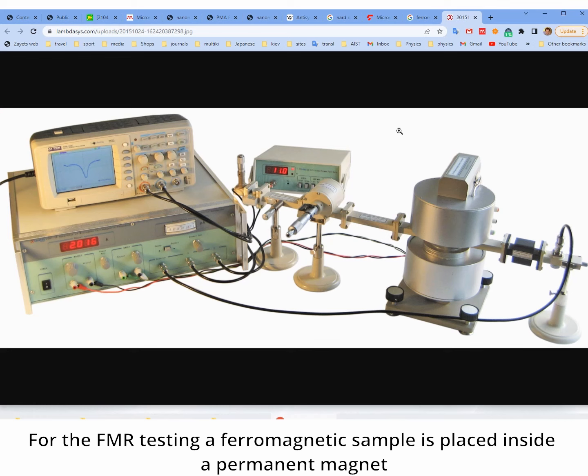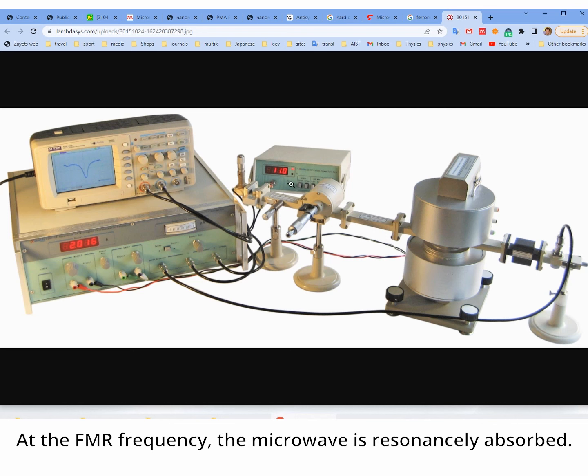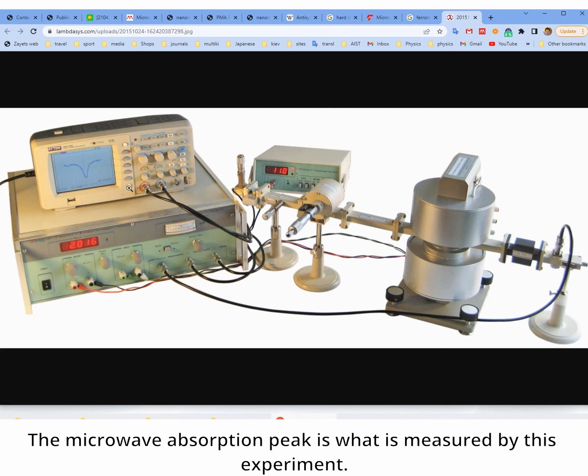For the FMR testing, a ferromagnetic sample is placed inside a permanent magnet, and the sample is illuminated by microwave at a specific frequency. At the FMR frequency, the microwave is resonantly absorbed. The microwave absorption peak is what is measured by this experiment.